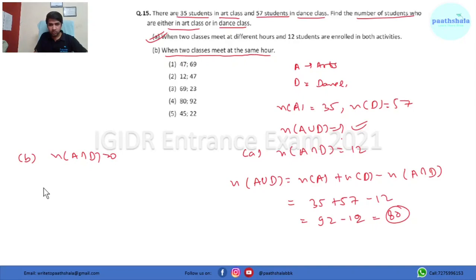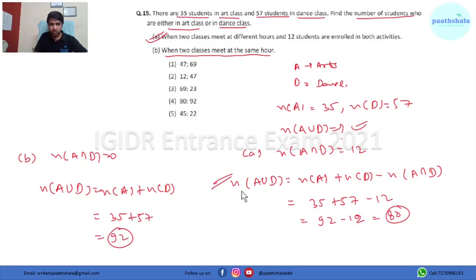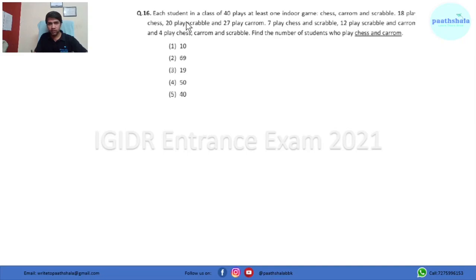Okay, so using the same property, this will come out to be n(A union D) equals n(A) plus n(D). Okay, this intersection component will be 0. So this will be 35 plus 57, which is nothing but 92. So 80 and 92 is the right option. So option 4 is the right option. Now let's move to the next question.